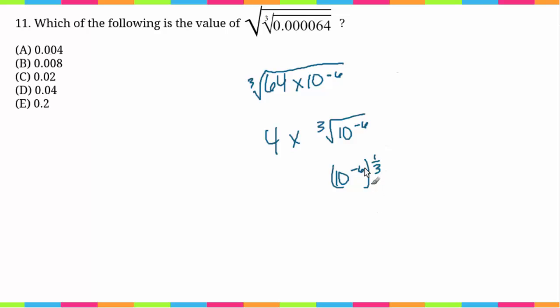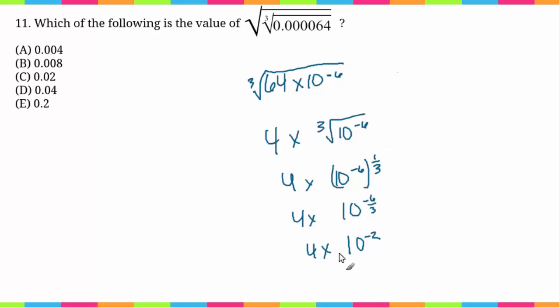Now all we have to do is multiply these exponents as our exponent rules tell us. So we get 10 to the negative 6 over 3, which is just equal to 10 to the negative 2. And we can't forget about this 4. So that's 4 times 10 to the negative 2.